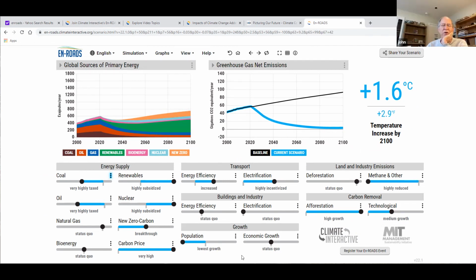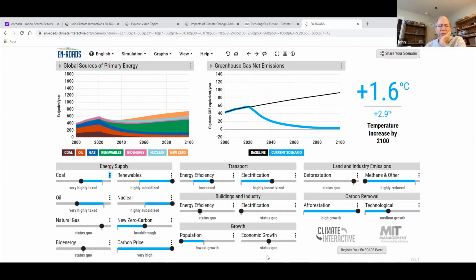If you notice, the wording's a little different. It just refers to lower growth. So it's giving you an opportunity to characterize what the population projection is while you're running this model, compared to what the base UN projection is.